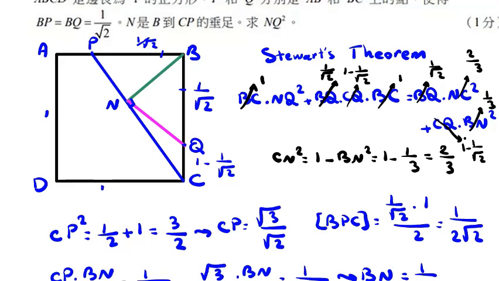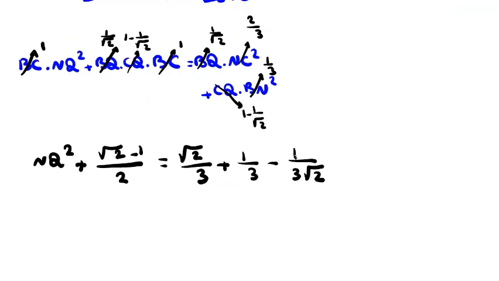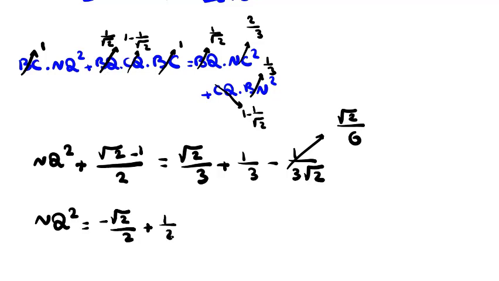If you rationalize the denominator, multiplying by root 2 over root 2, it will be root 2 over 6. So NQ squared is negative root 2 over 2 plus 1 over 2, plus root 2 over 3, plus 1 over 3 minus root 2 over 6.